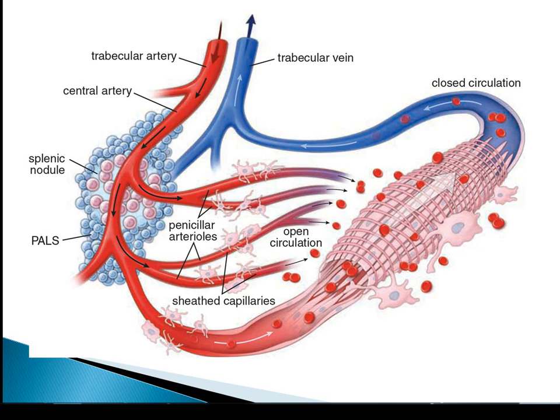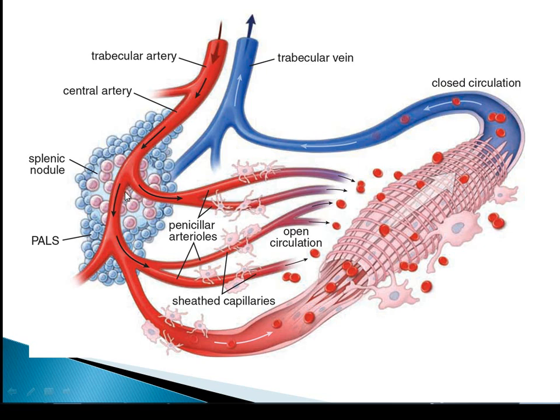The vessels then travel via trabeculae as trabecular arteries here that provide numerous smaller branches, and then they branch into the central artery, which enters the white pulp, and it is surrounded by a sheet of lymphoid T lymphocytes. They form periarterial lymphatic sheets.